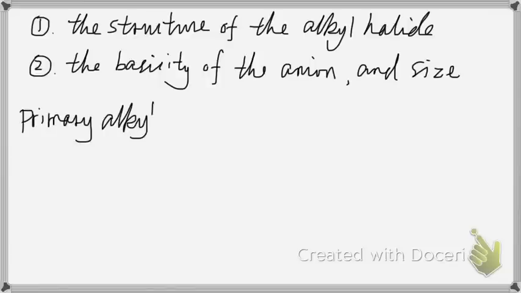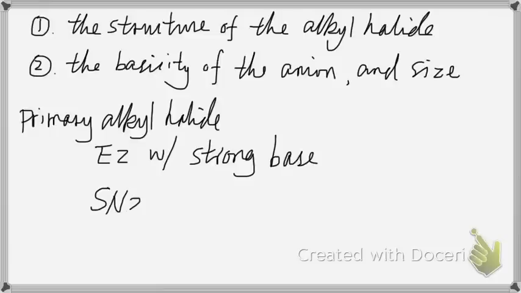All right, so for primary alkyl halides, generally speaking, SN2 is greater than E2, generally speaking, all right? E2 takes place when a strong base is around. There will be no unimolecular reaction involved.